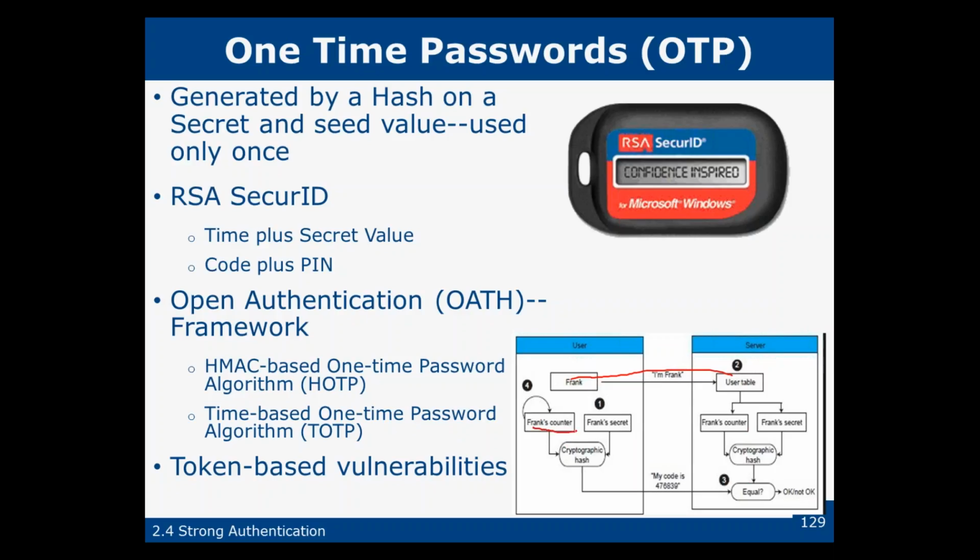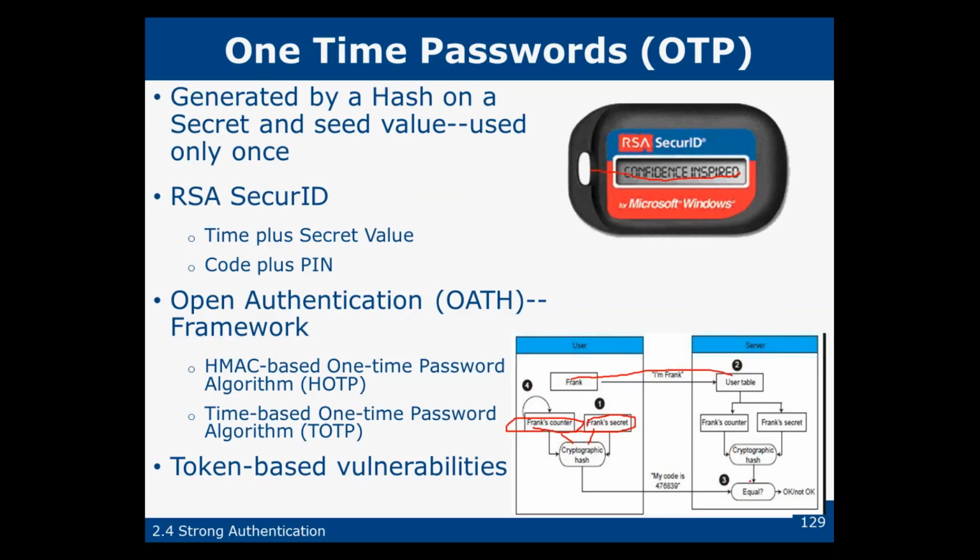Then we have Frank's counter. They actually have a counter on the device, how many times you've used it, and then Frank's secret. These things are put together in a cryptographic hash and sent to the server.